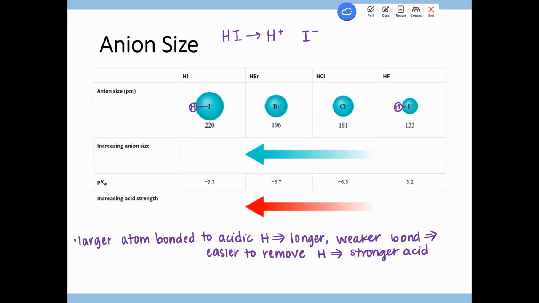So if we're taking an acid like HI, separating it into H+ and I-, which is more stable than F-, then we're producing more stable products, and that makes HI more likely to dissociate into those ions. Reactions are looking to become more stable, so if we can have a more stable anion as a product, that will result in having a stronger acid.